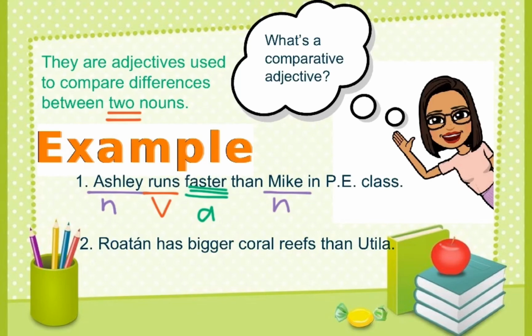What is my 2 nouns in my sentence? Roatan and Utila. What is the comparative adjective? With what am I comparing them? With size, right? Bigger. This is my comparative adjective. If you see, they end in ER. But I will explain the rules right now.